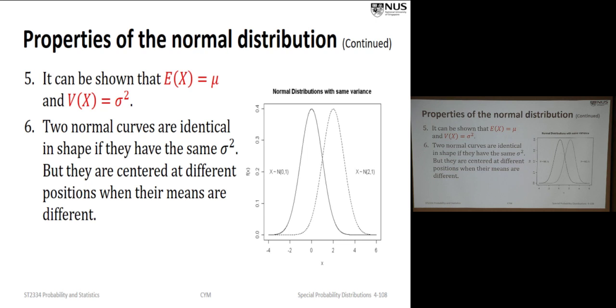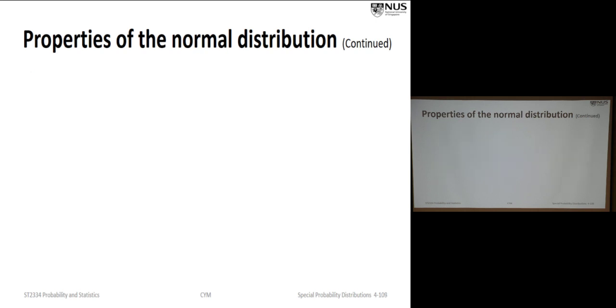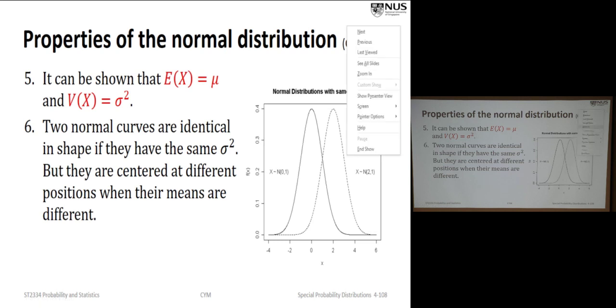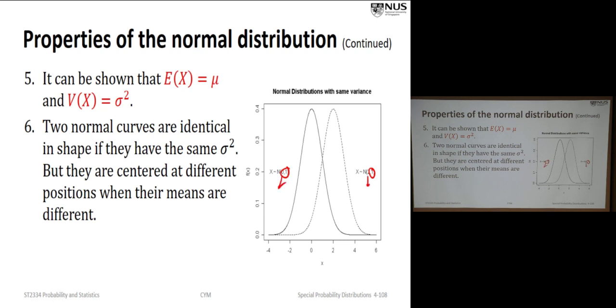So in this case, these two normal distributions each have a variance equal to 1. All right? So they have the same shape. But the difference lies in the mean. This one is mean equals 0, while this one is with mu equal to 2.